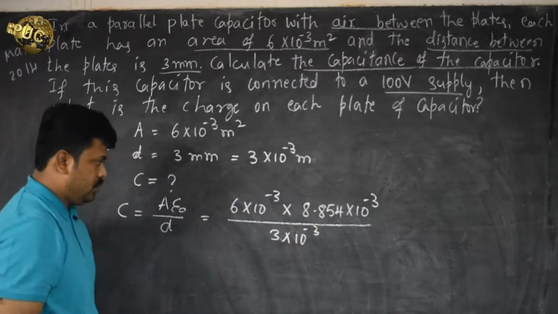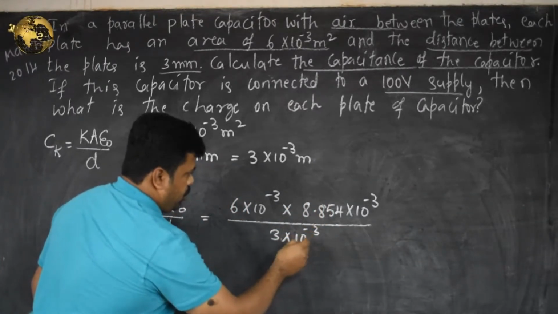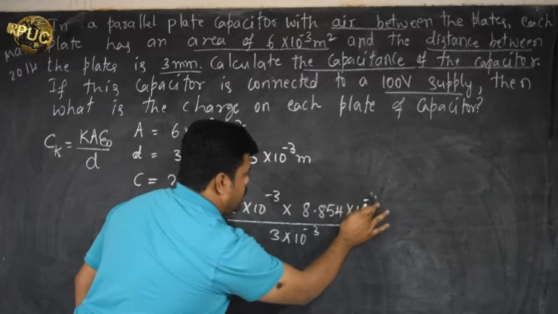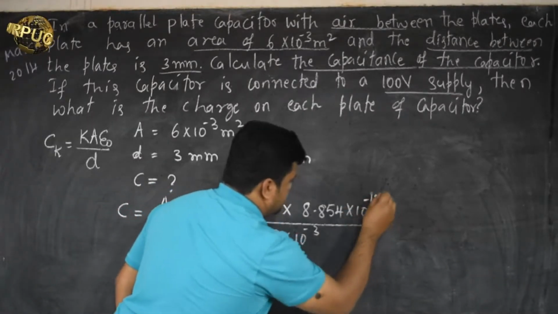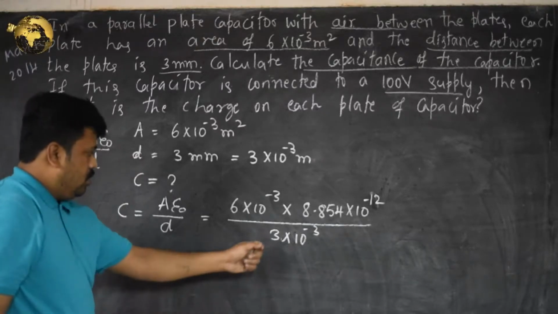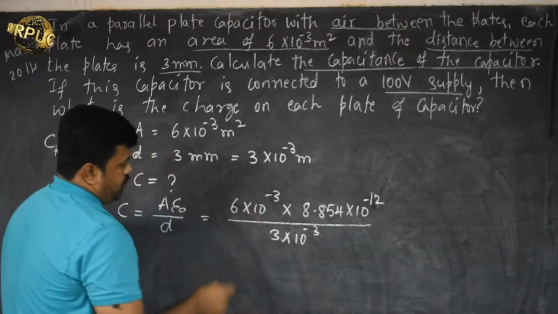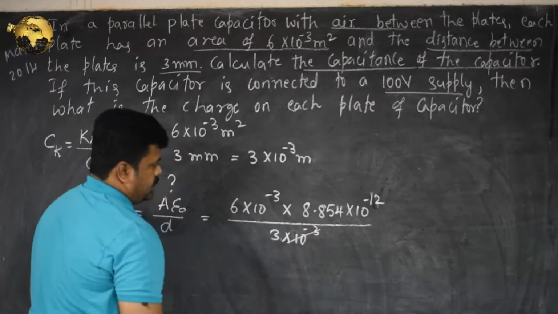Let's solve this. 8.854 into 10 to the power minus 12 it is. In the numerator we have 10 to the power minus 3, and in the denominator 10 to the power minus 3. They cancel out.